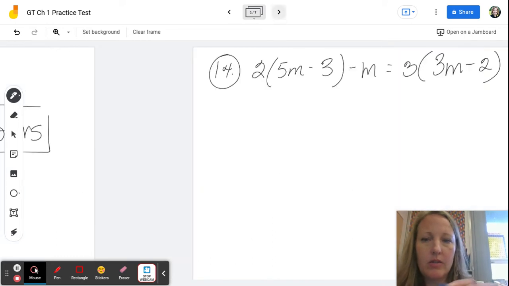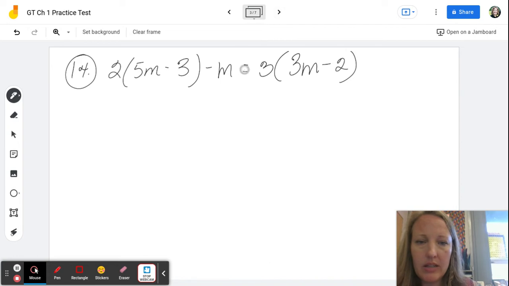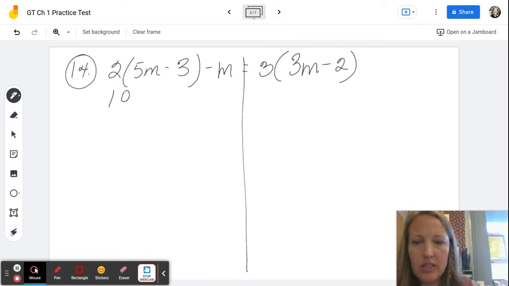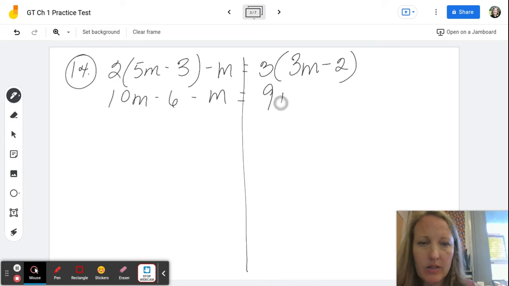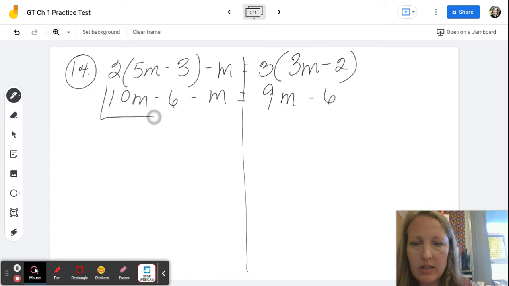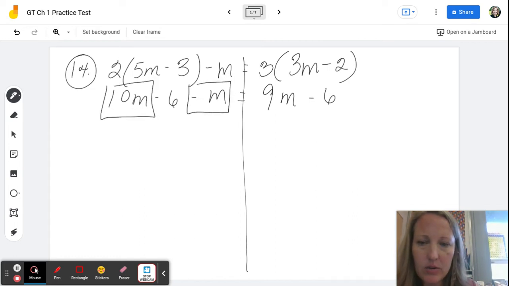Okay. Number 14. Here, we're just going to distribute. Again, distributing. And then this is what some of you are missing. Combine like terms if they're on the same side of the equal sign. So 10m's minus 1m is 9m's. 9m minus 6.